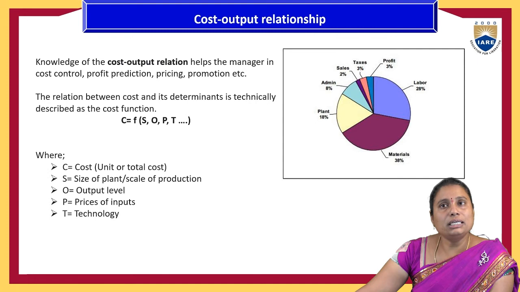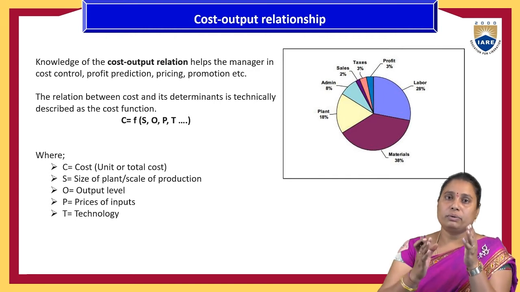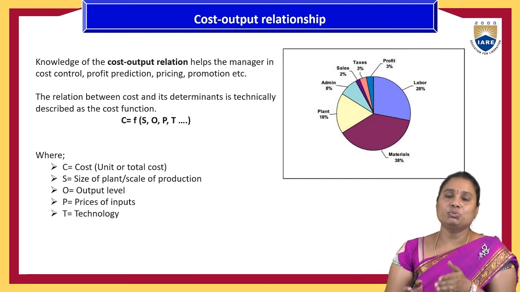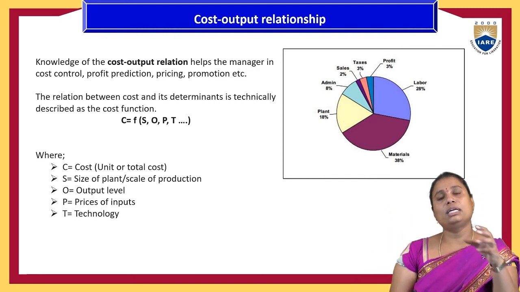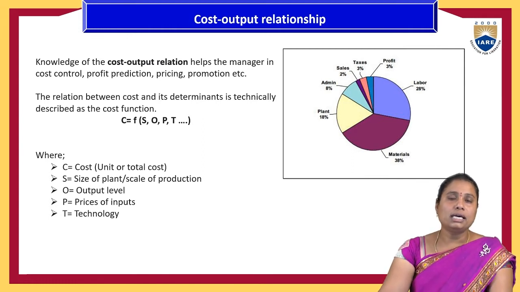The cost and output relationship gives the information of what expenditures are involved in the total cost of a product.